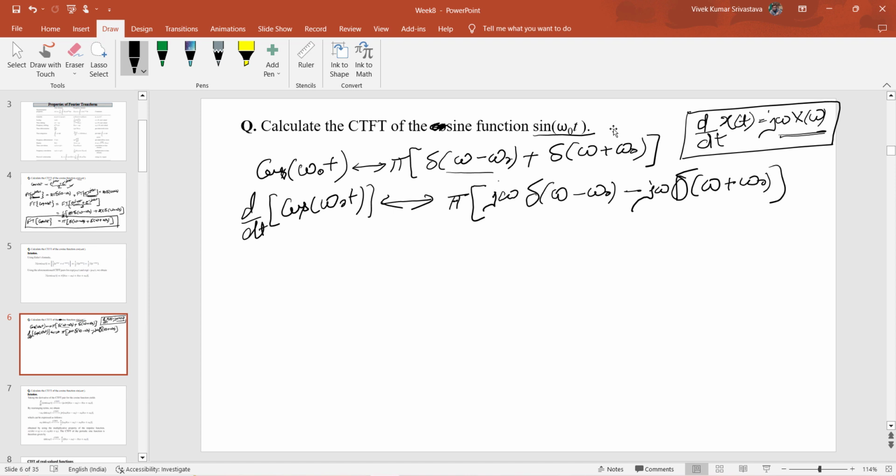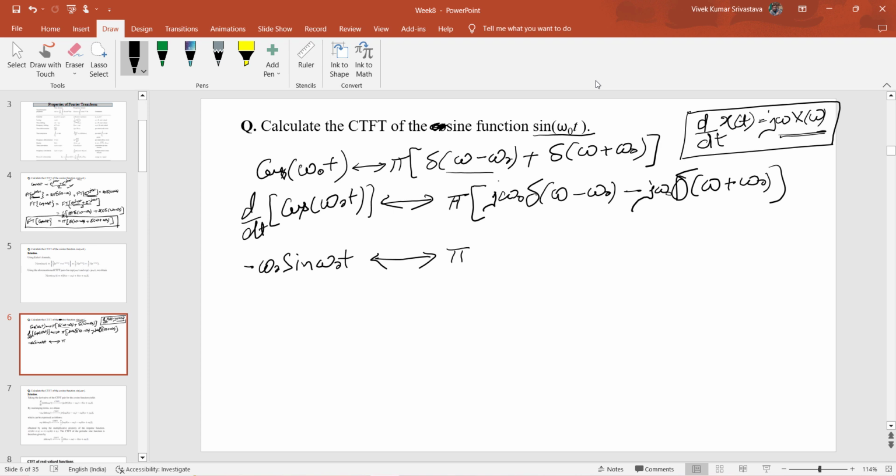Okay, so now you can differentiate this side, so this will be equals to minus omega naught sine of omega naught t, and this will be equals to omega naught, not omega, because we are differentiating with respect to omega.